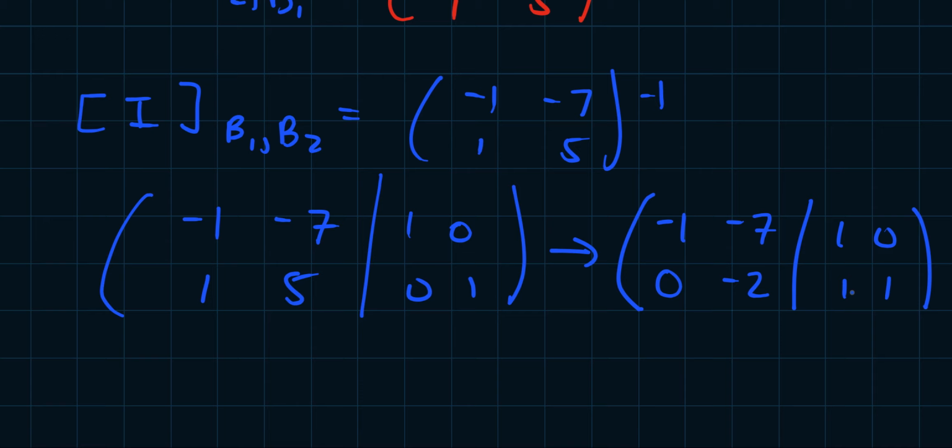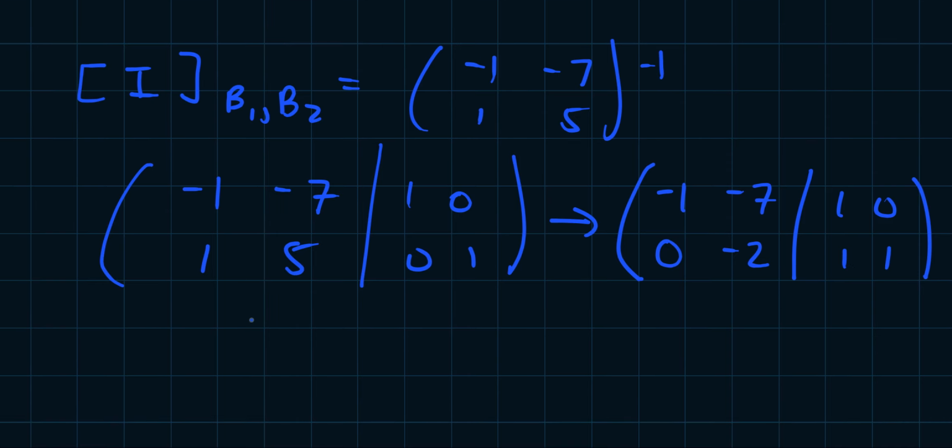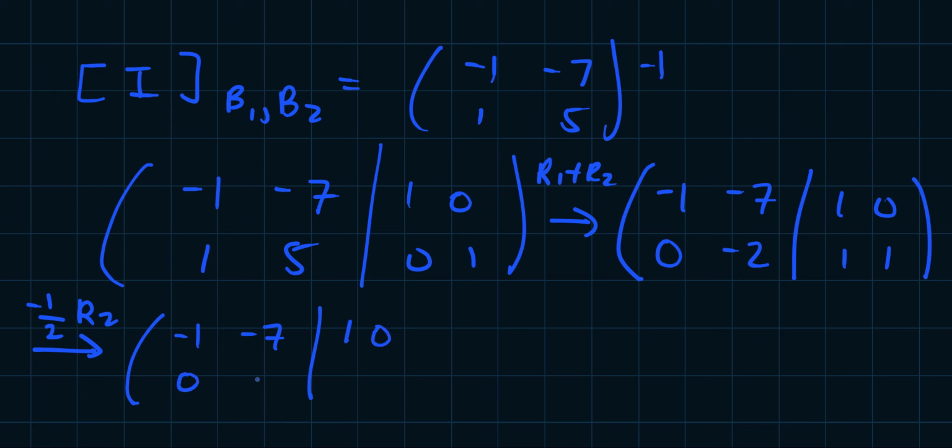Divide this row by a negative. So let me write what I'm doing here. So row 1 plus row 2, and then I'm going to divide this one by -2. So I get -1, -7, 1, 0, 0, 1, -1/2, -1/2.